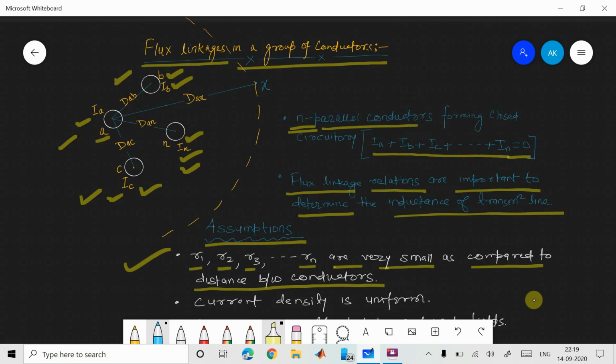The distance between conductors A and B is DAB, between A and C is DAC, and between A and N is DAN. So these distances DAB, DAC, DAN are very large compared to the radius of the conductor.